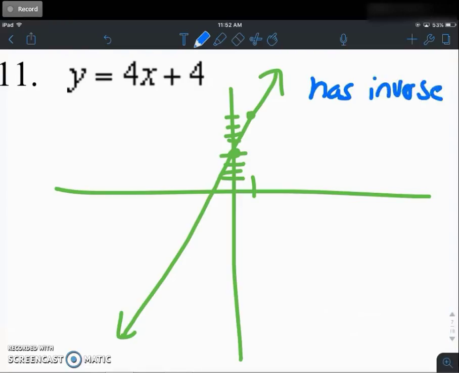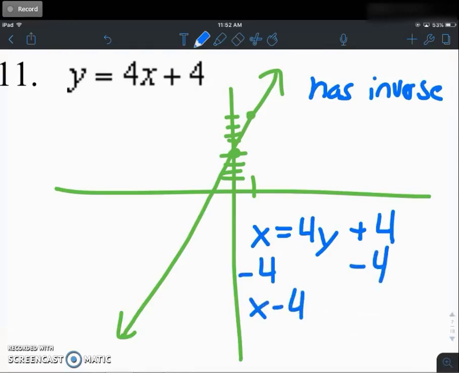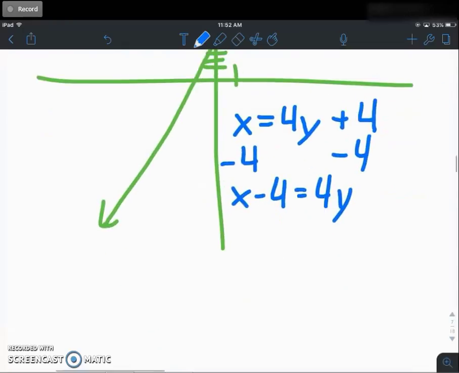To find the inverse, again, I just switch x and y. I'm actually going to switch x and y in my equation this time because it is not points. So I'm going to write x equals 4y plus 4. To solve for the inverse, I'm going to solve for y, so I'm going to subtract 4 and divide by 4.